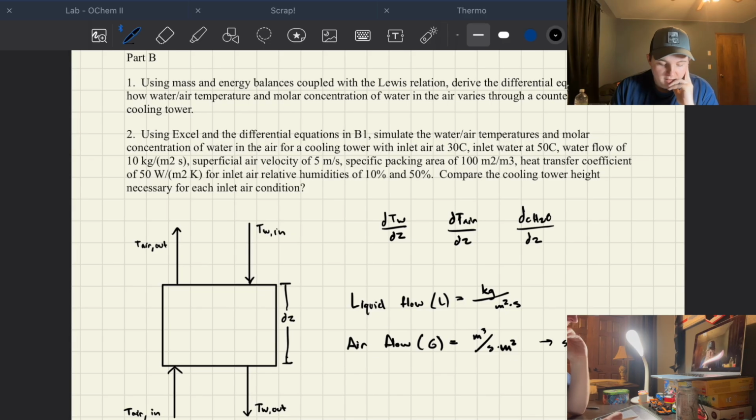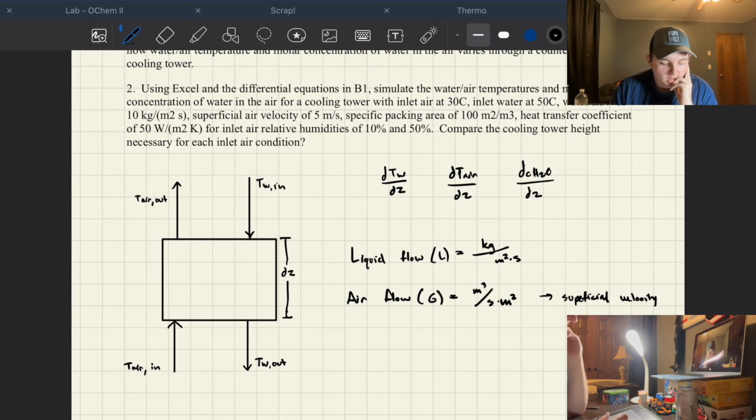Okay, so what I have here is just a diagram of a cooling tower. We have air going in the bottom and out of the top, and then we'll have our water going in the top and condensing down our film, or our little cooling plastic things, and then coming out cooler on the bottom.